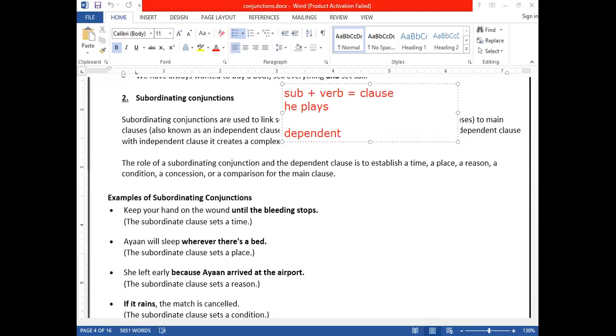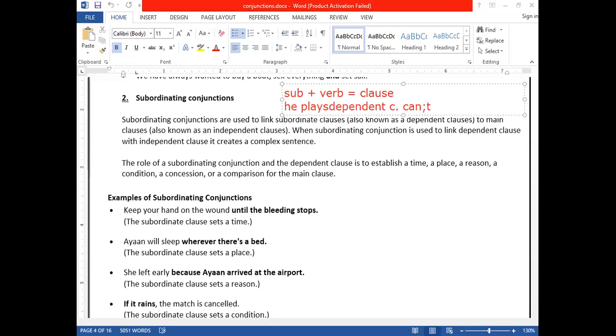We had a complete explanation about this topic. You can even watch the clauses topic, but I just want to revise it. When we call a clause dependent, it cannot stand alone.